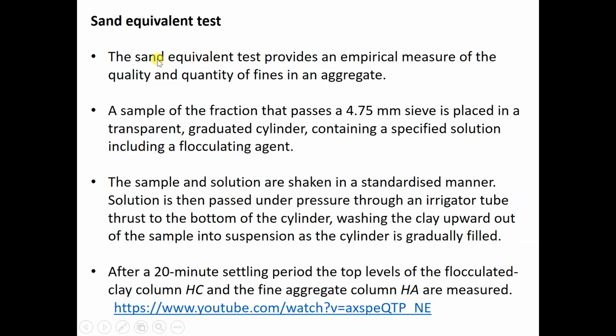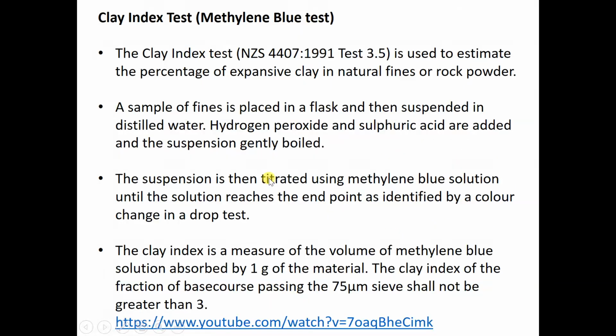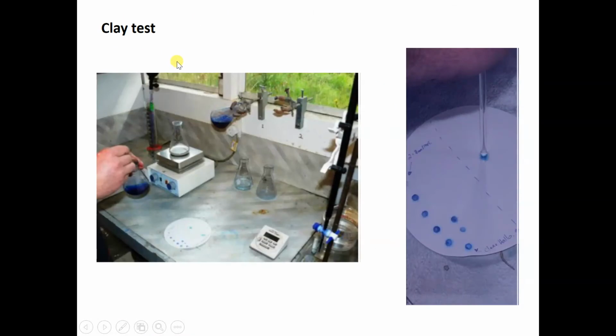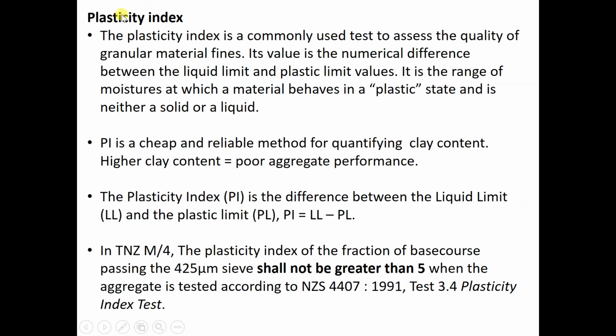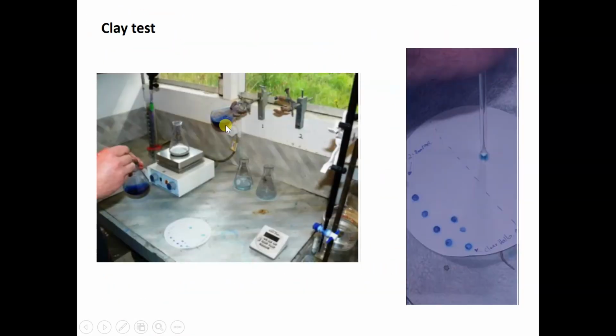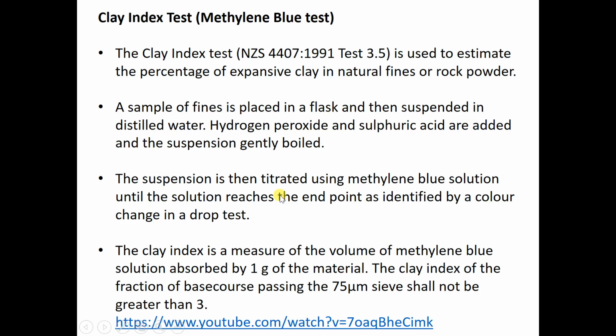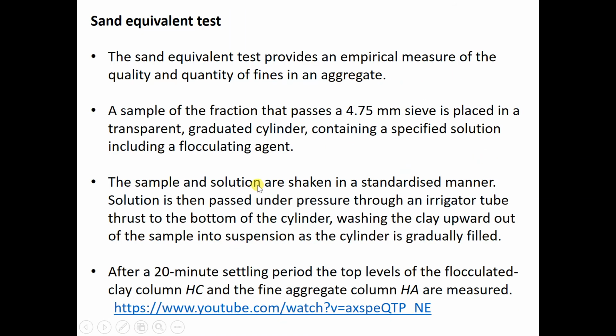Okay, the sand equivalent test. There are a few of these tests: the sand equivalent test, the clay index test, and the plasticity index. They are all checking the plasticity of the pavement material, of the aggregates, because you cannot get 100% clean aggregates.